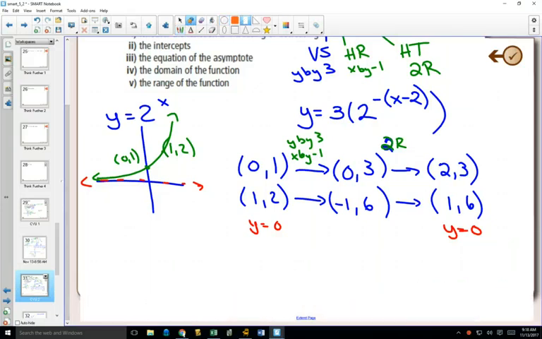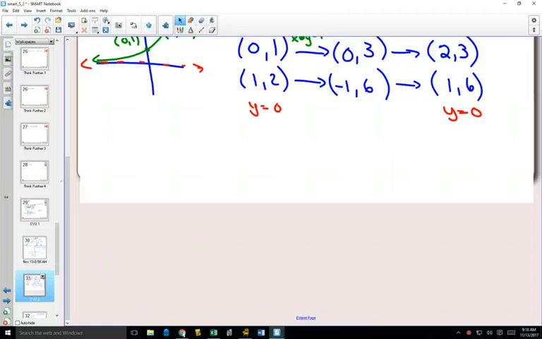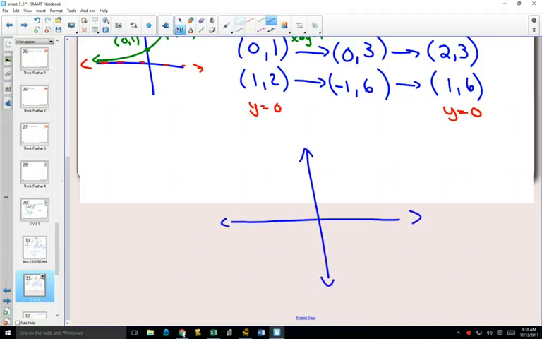So when we go to graph this, we always have to draw our asymptote. One thing that happens often is that when your asymptote is on your axis, sometimes it's hard to see. One of the things that I recommend is bring a red pen to class.